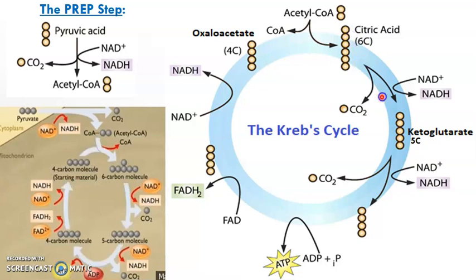We do a decarboxylation reaction, remove 1 CO2, get an NADH. We're left with ketoglutarate, a 5-carbon molecule. Cut off that 5th carbon, release it as a CO2, get another NADH. So now the 2 carbons that came in up here have been removed as CO2.